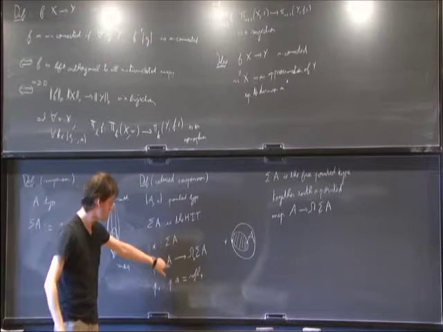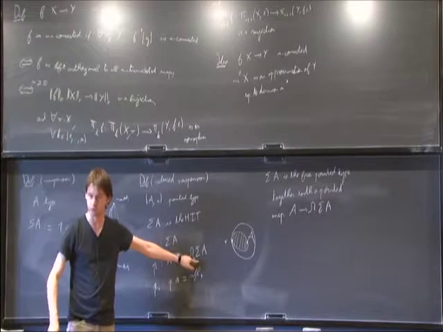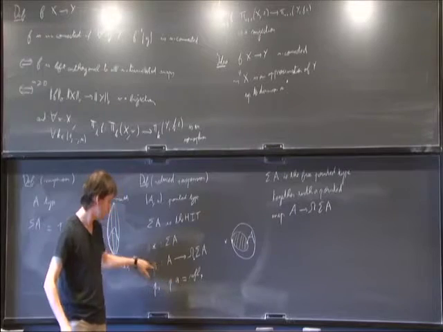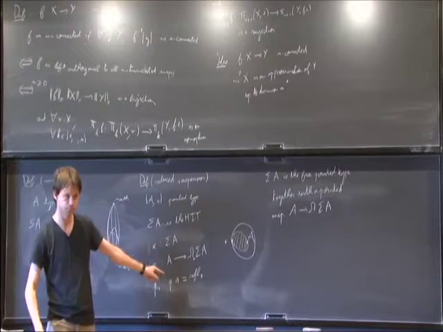This one says that you have a map from A to the loop space of the suspension. And this one says that P preserves the base point.